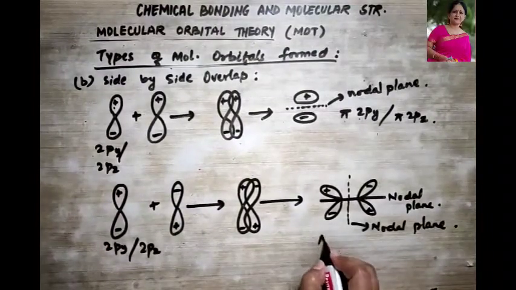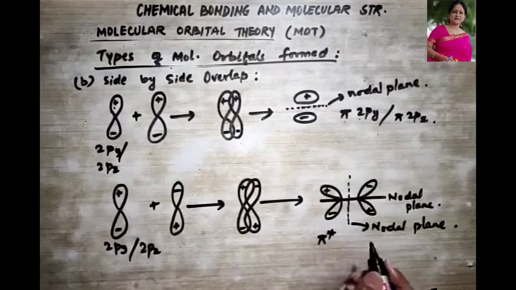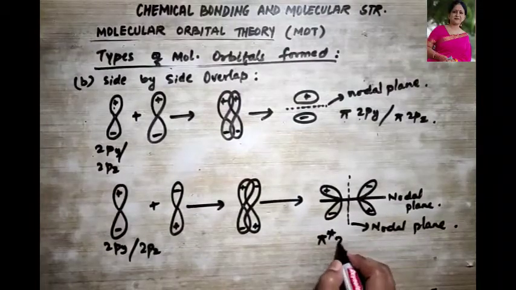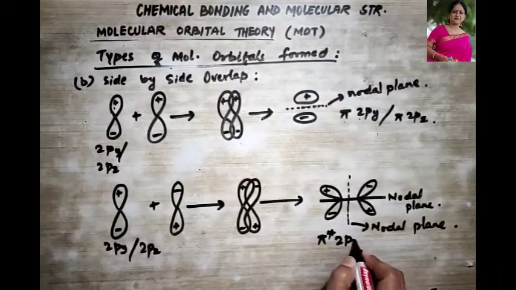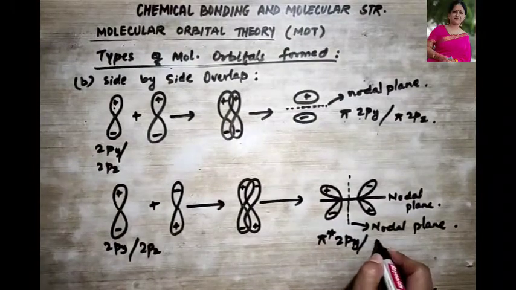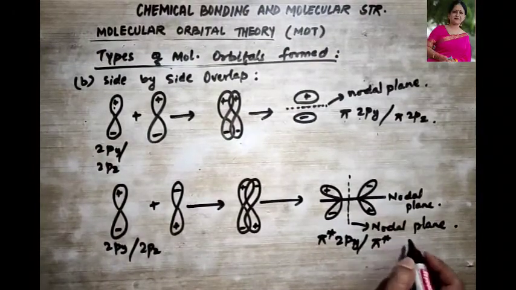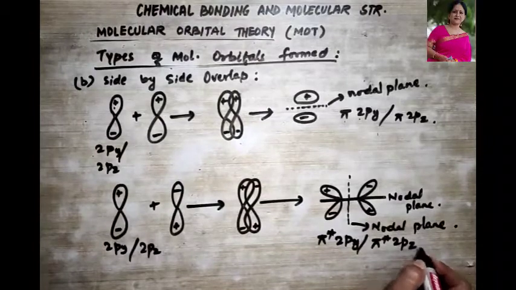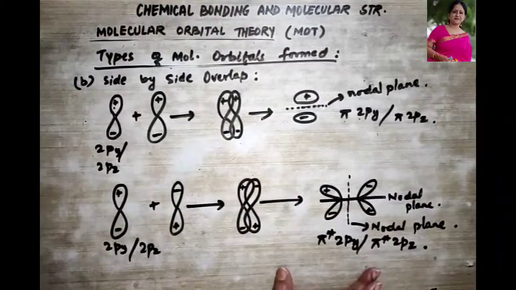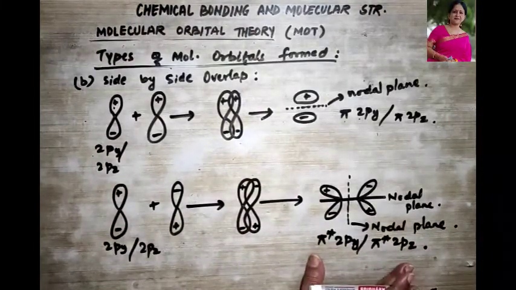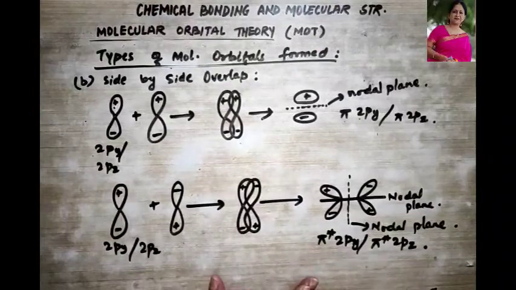This forms your pi antibonding 2py or pi antibonding 2pz. So these are the molecular orbitals. I hope it is very clear to you.